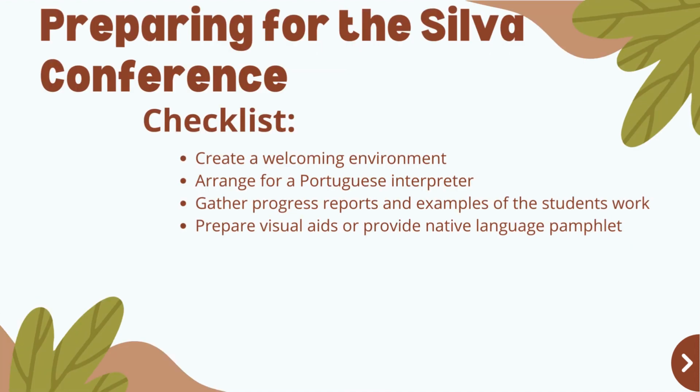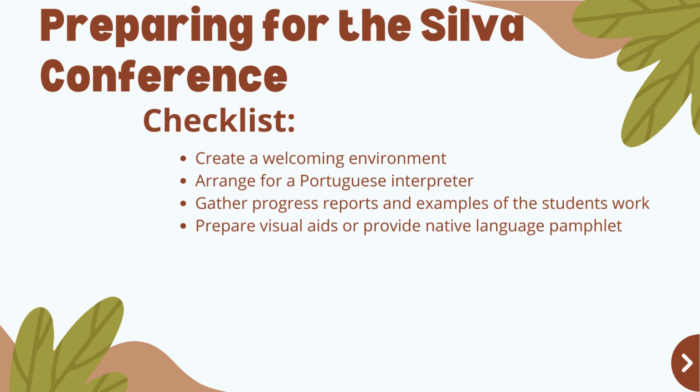Let's put together a checklist. To prepare for the Sylvia family, it is essential to arrange for a skilled Portuguese interpreter who can facilitate clear communication. Gathering Miguel's progress reports and work samples will help illustrate his strengths and areas of improvement.